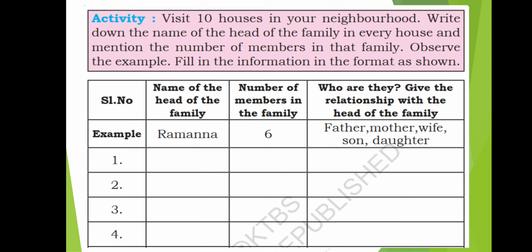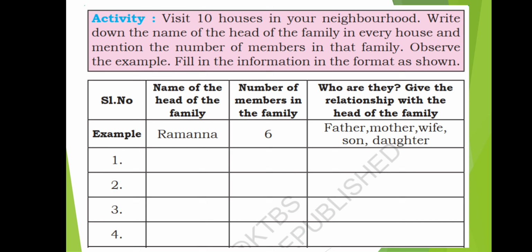At least you need to visit 10 neighboring families or your relatives' families and note down their family details according to this table: the name of the head of the family, the total number of family members, and who they are, giving the relation with the head of the family. For example, Ramana is the head of the family. How many members are there in his family? Overall 6 members.